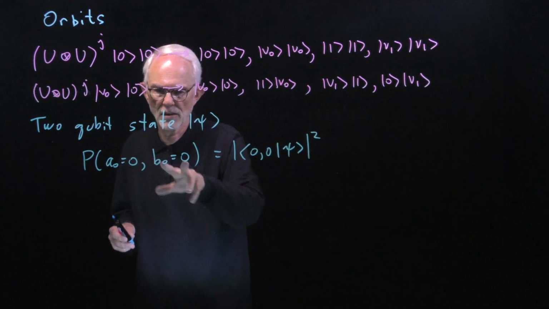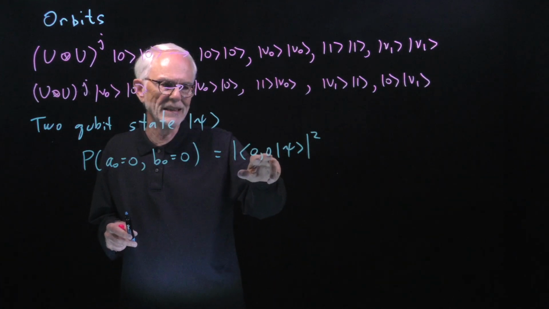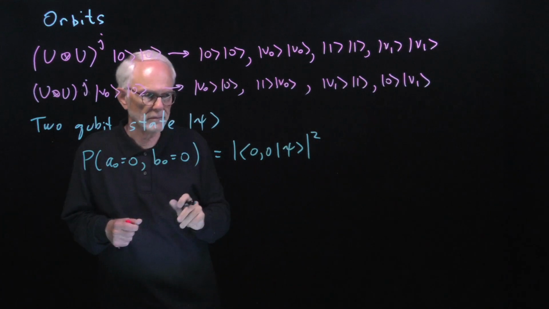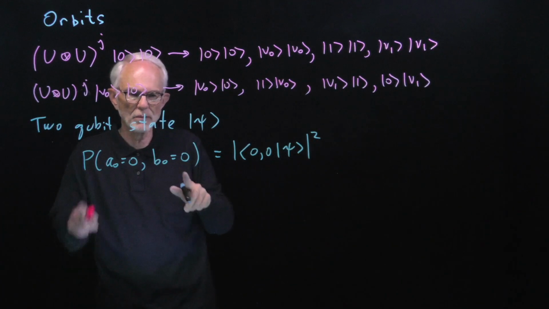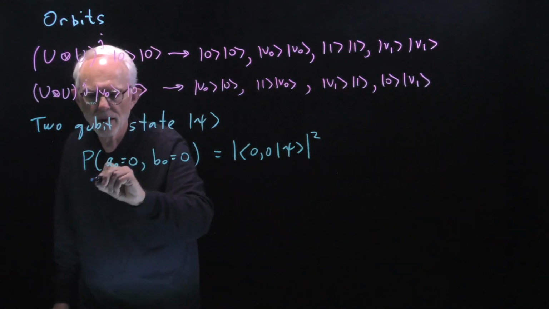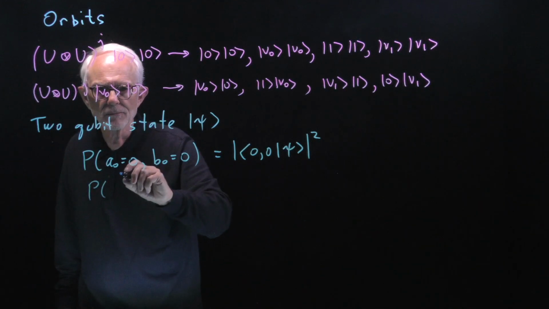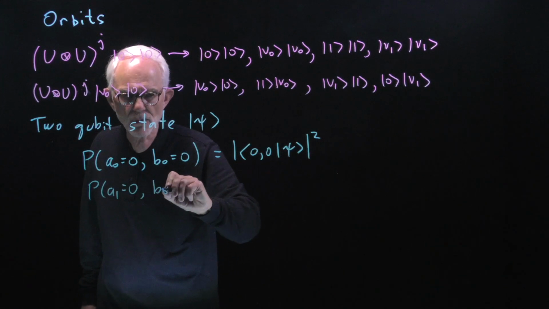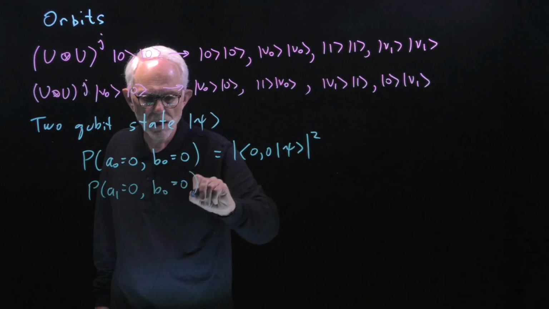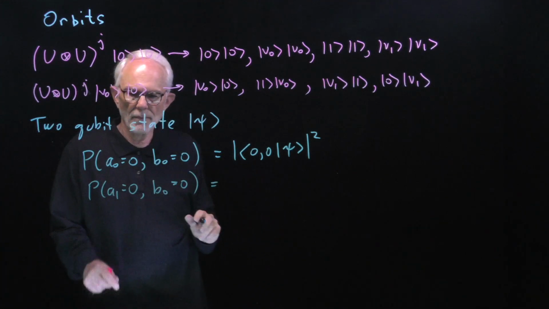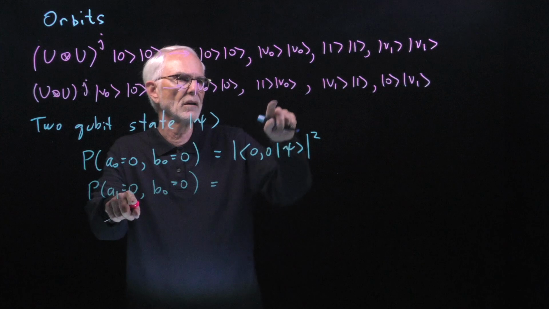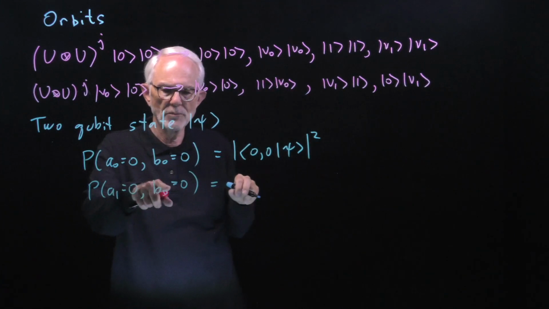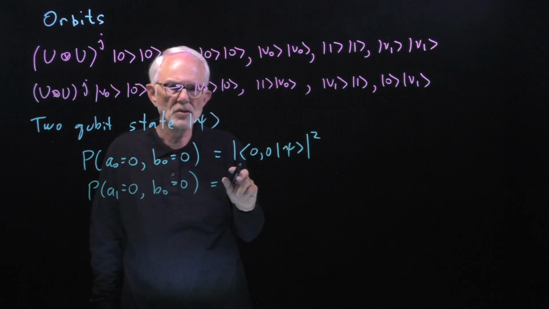So you see that this particular probability is related to this particular state. Each of these states up here defines a particular probability of this kind. Let's do one more. The probability that A1 equals 0 and B0 equals 0: A1 equals 0 means V0, and B0 equals 0 means 0.